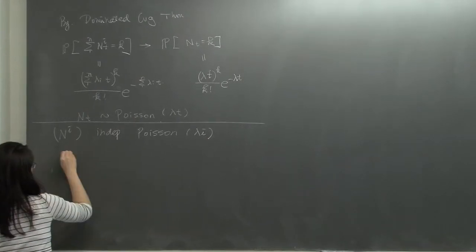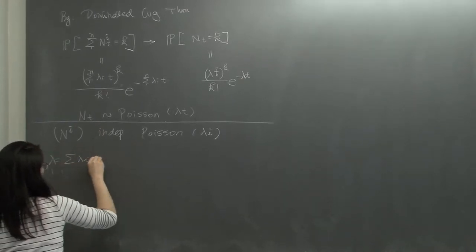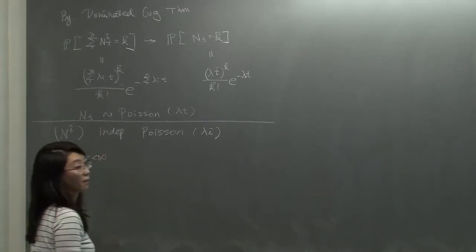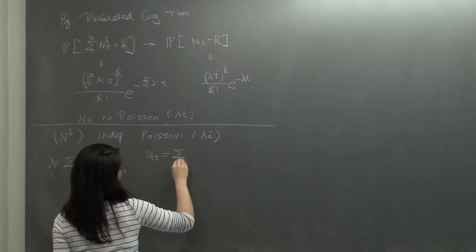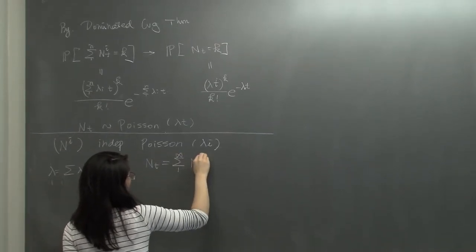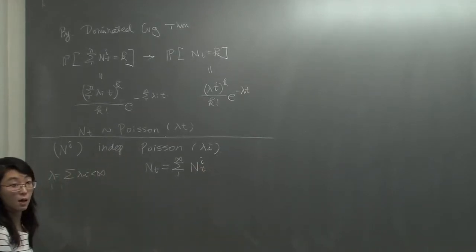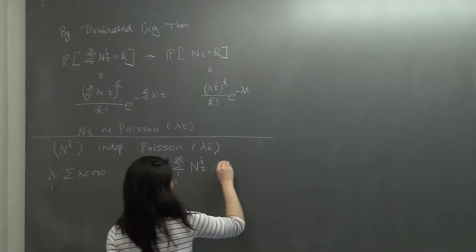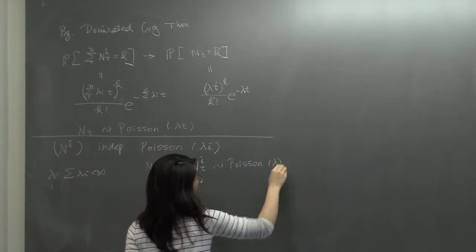And we assume that the summation of lambda_i is finite. From the above theorem, we know that this new process is well defined and finite almost surely, and it is a Poisson process with intensity lambda.